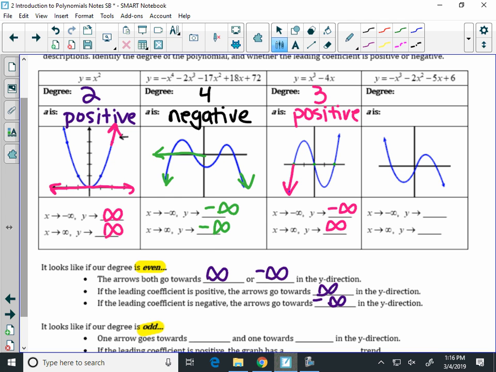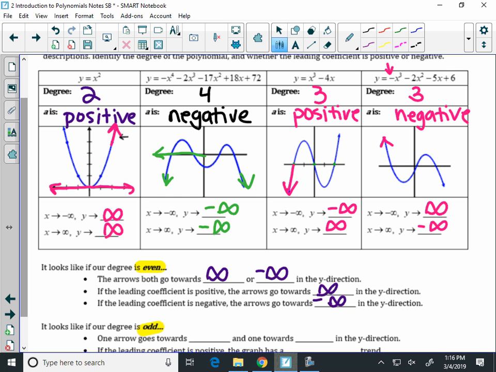Okay. Last one, the degree is 3, and I forgot to ask you the last time, what do I call degree 3? Cubic. The leading coefficient is negative. And this time, as x goes to negative infinity, where's my arrow headed? Positive infinity. And then on the right, I'm heading to negative.